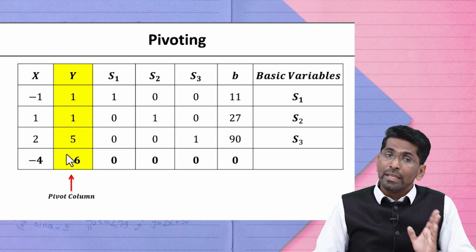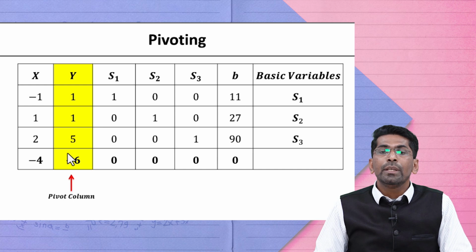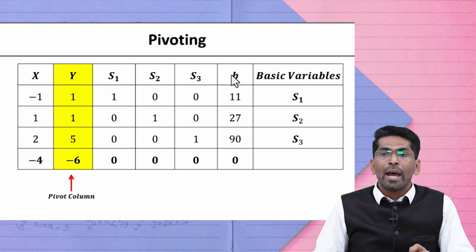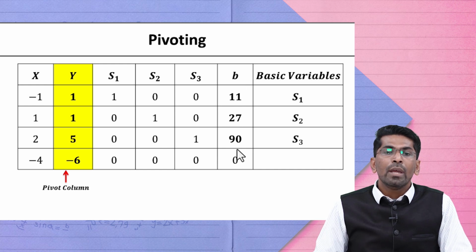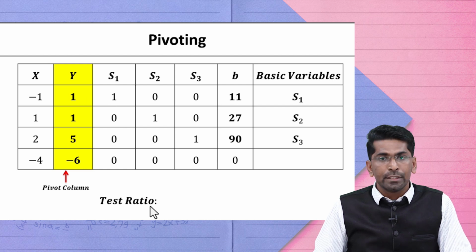Once the pivot column is fixed, the next step is to find the pivot row, which can be found by dividing the B value of the linear constraint by the corresponding value from the pivot column. So how will it be? We consider this the B value, and we divide each element by the pivot column. So it is 11 by, which is generally known as the test ratio.